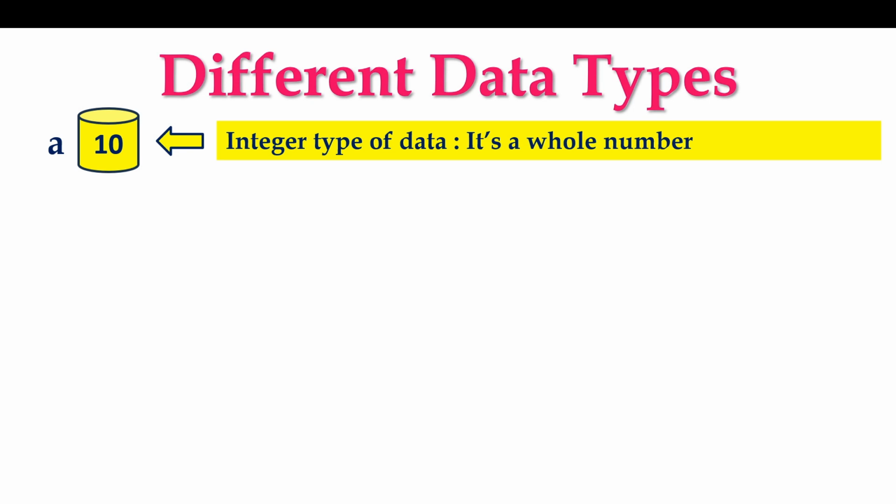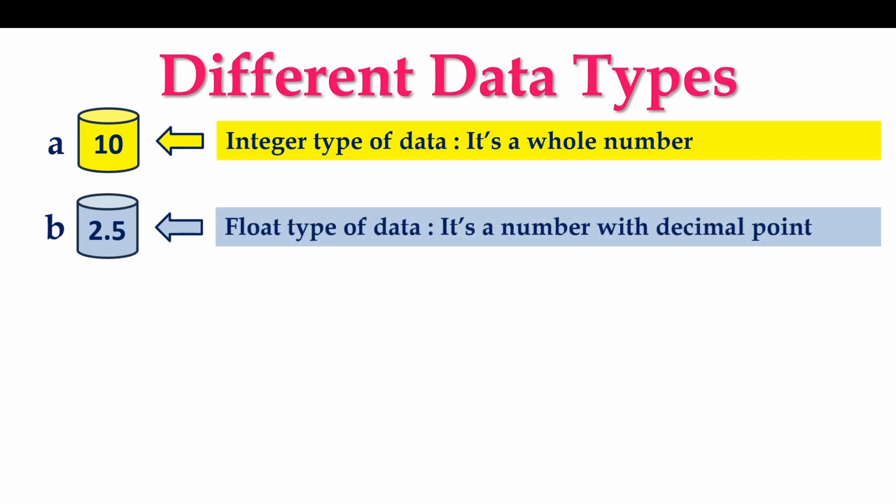It is also one kind of data type, and this type of data type can be used in the program, and C language supports different type of data types. One of the type is integer type. And the next type is float type of data. Means it is a number with decimal point, or you may say it is a fraction.